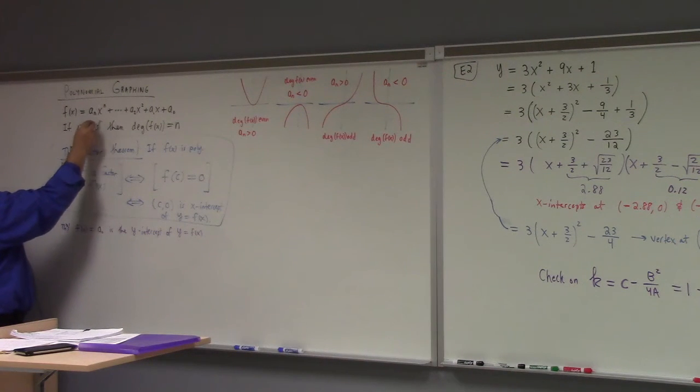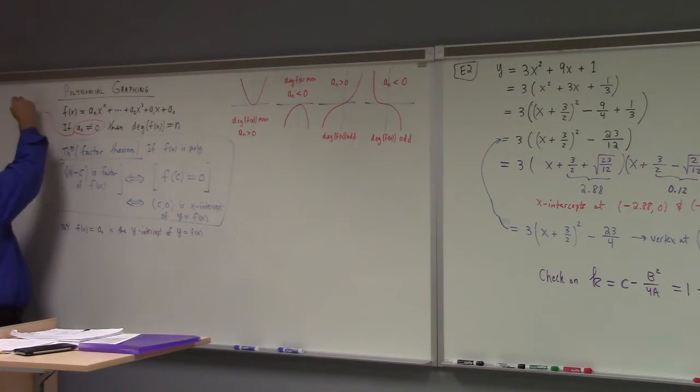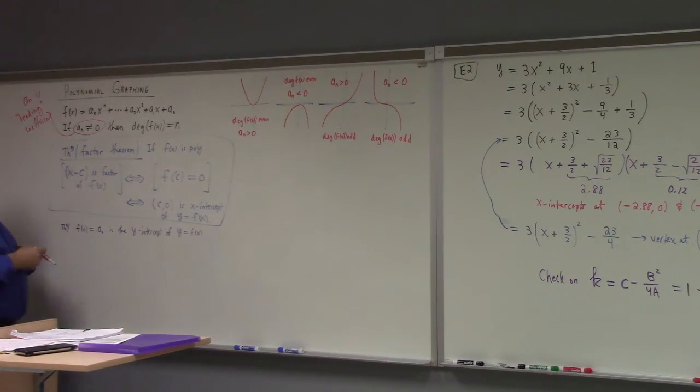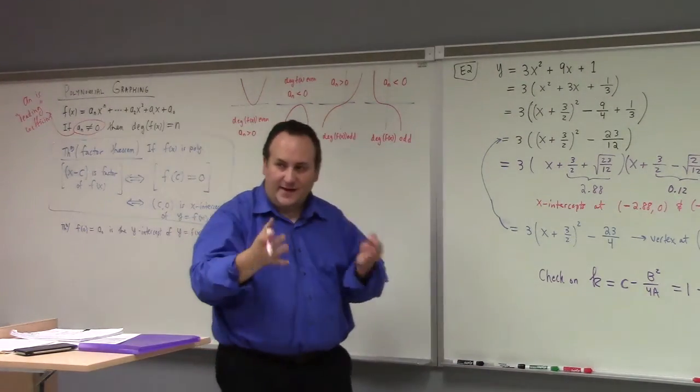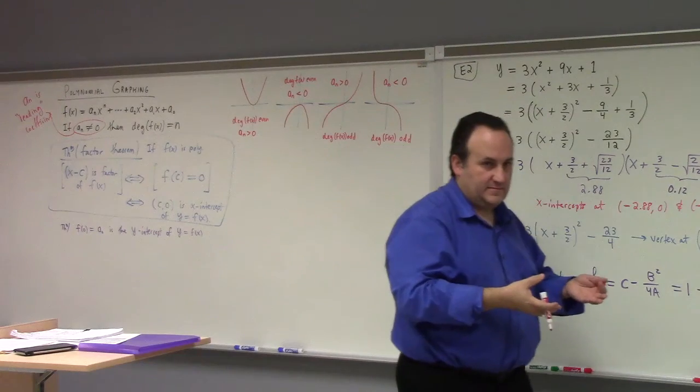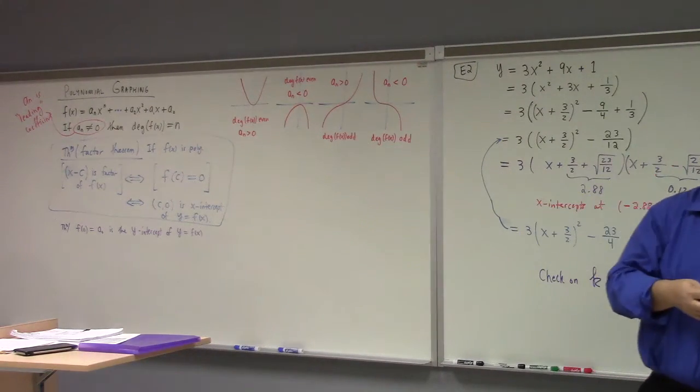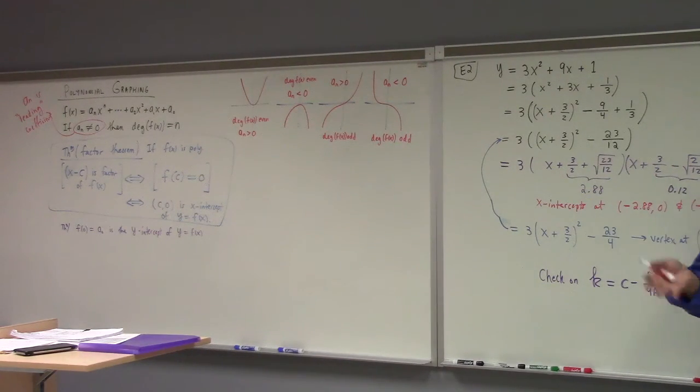By the way, a sub n is the leading coefficient. So for the parabola we were just graphing, the big A was the leading coefficient, and whether that was positive or negative determined whether the graph opened up or down, right?